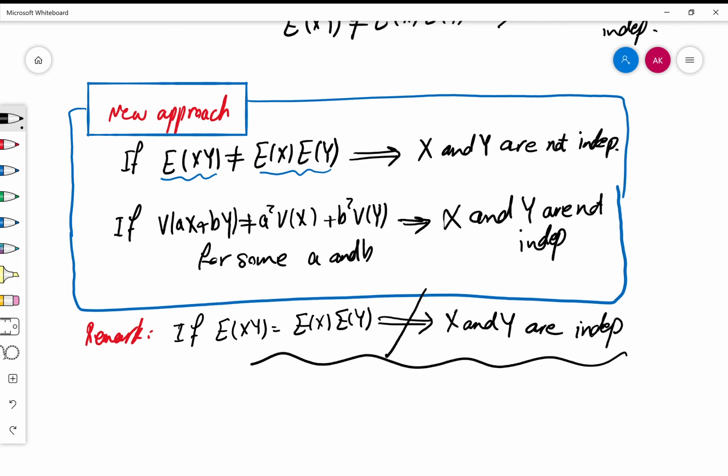This test cannot be used for showing independence. What this fact can be used for is to show that they are not independent. Check that the equality is not true, and then you can conclude that they are not independent. The other way around is not true. If this equality holds, you cannot say X and Y are independent.